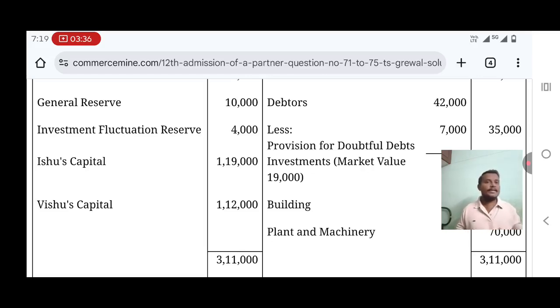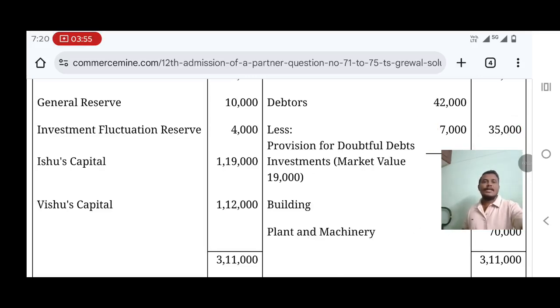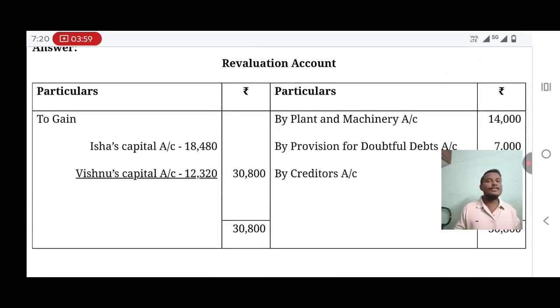Now they are telling in the adjustments that all debtors are good, which means the 42,000 rupees is also good debtors. There is no PDD; you have to assume that there is no PDD now. So this liability of 7,000 is getting decreased. When a liability is decreased, you write it on the credit side of the revaluation account. So by provision for doubtful debts 7,000.